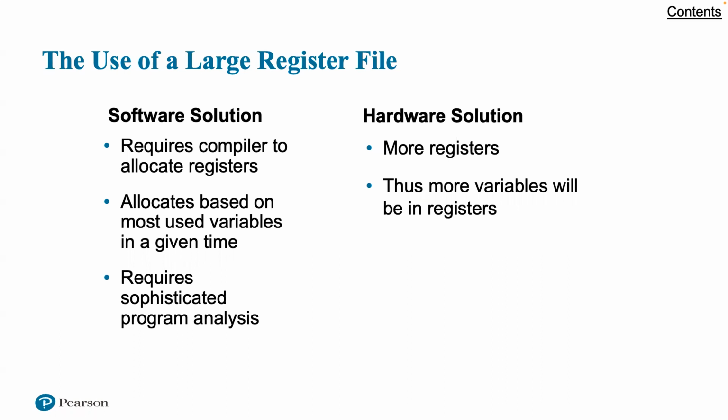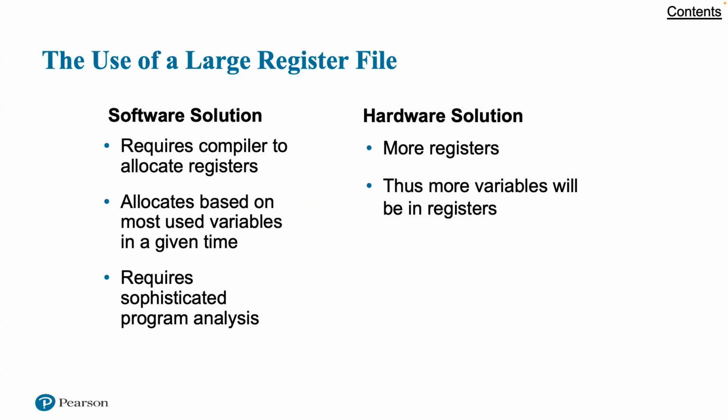Two basic approaches are possible, one based on software and the other on hardware. The software approach is to rely on the compiler to maximize register usage. The compiler will attempt to assign registers to those variables that will be used the most in a given time period. This approach requires the use of a sophisticated program analysis algorithm.